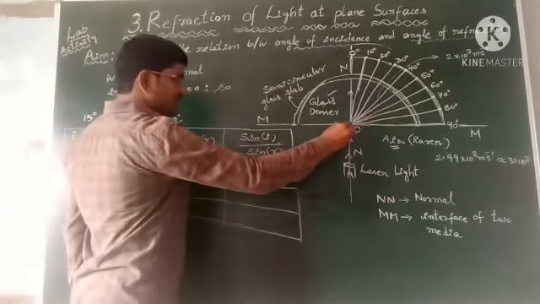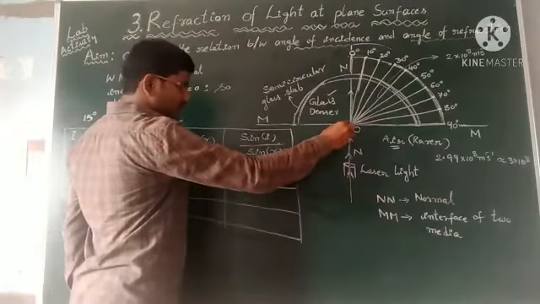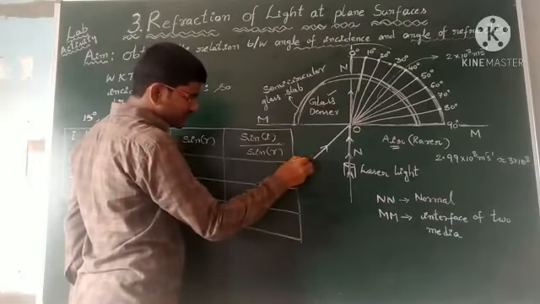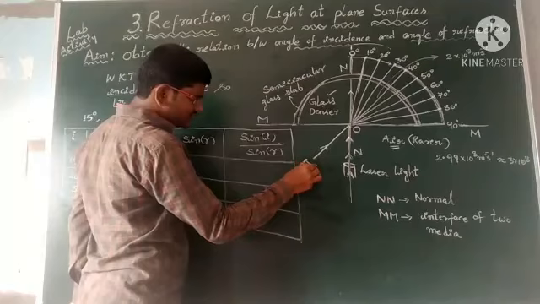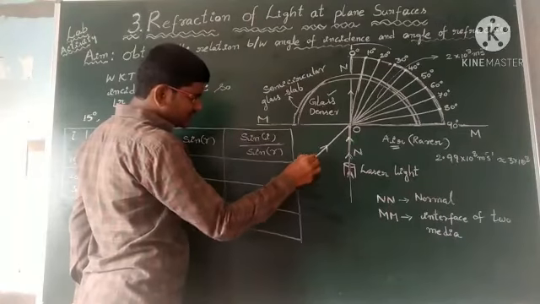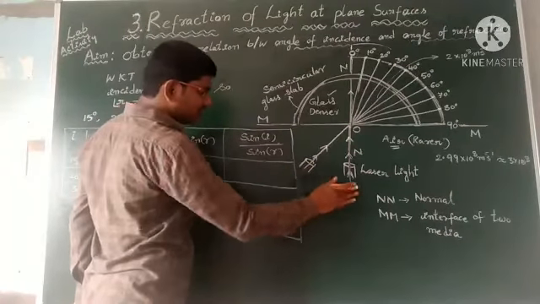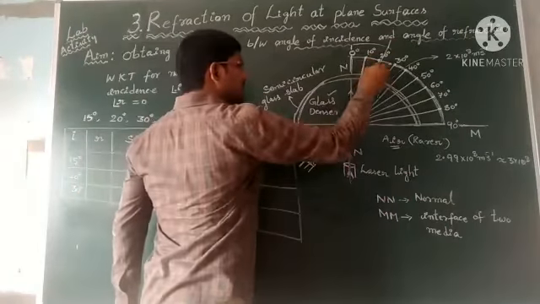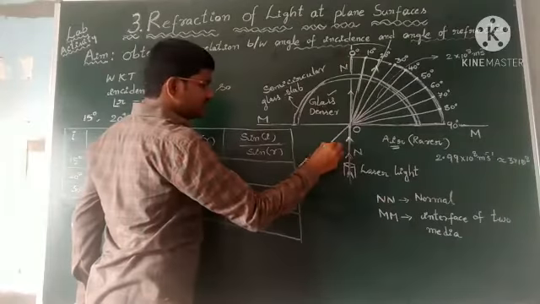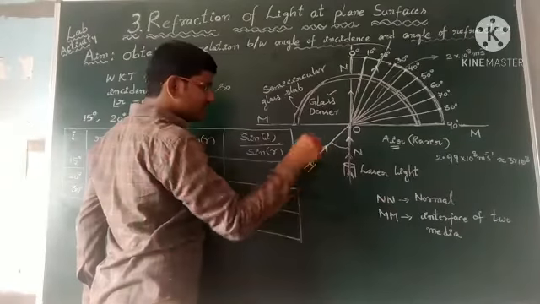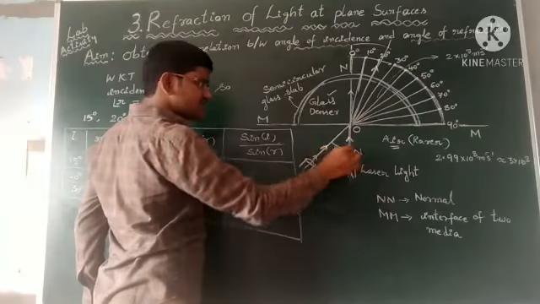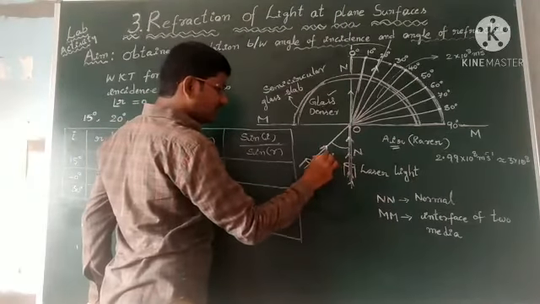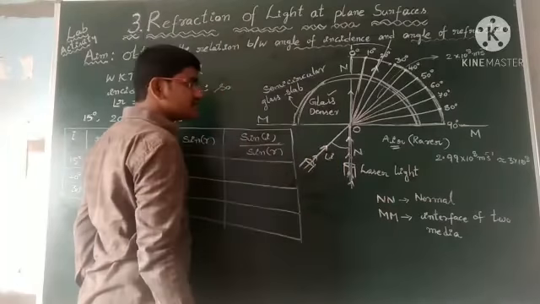See, this is my laser light. The same laser light I have taken to here and am sending the light ray. We will observe that it comes out. This is the incident ray, and this is the normal, and this angle we call the angle of incidence.